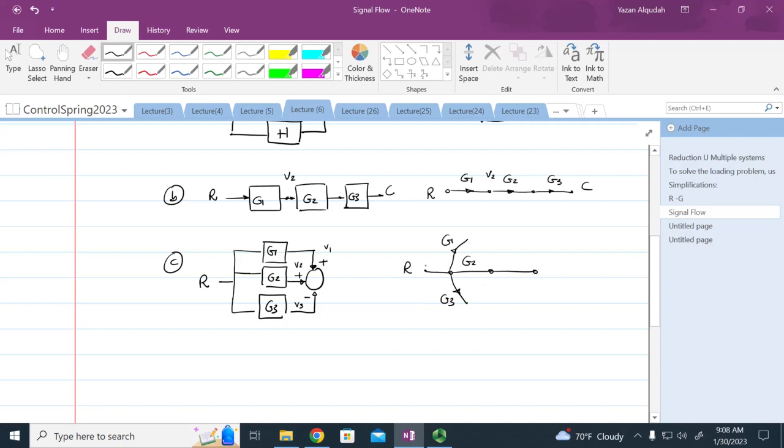The first one is added, so I have a line with 1. The second one is added, plus 1. And the third one is subtracted, so we have a negative 1. And this is C, and this is a 1.